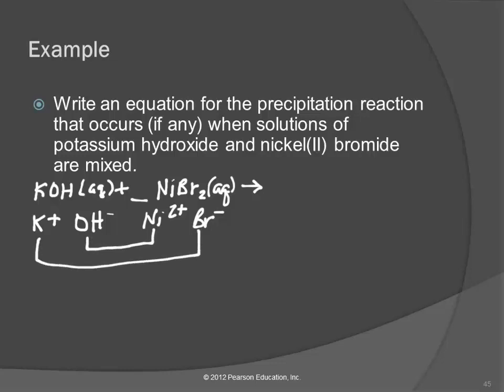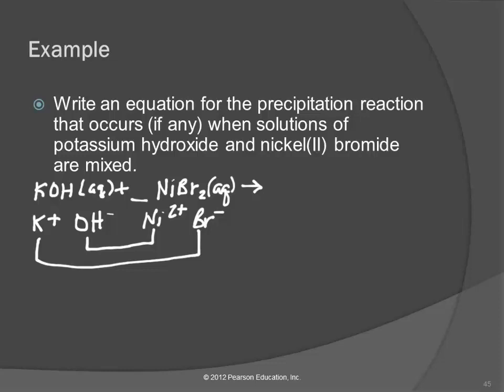So we're going to swap the partners. We're going to try out potassium with bromide and nickel with hydroxide. It doesn't matter which one you write as the first product and which you write as the second product, because 1 plus 2 is 3, and 2 plus 1 is also 3. The order doesn't matter.